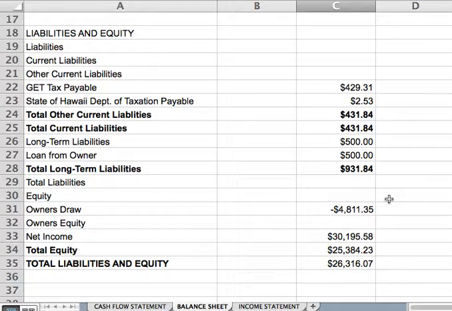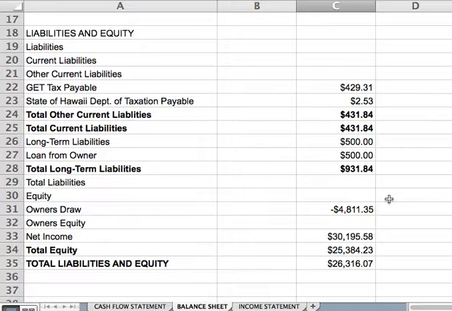Step 4. Compute the net increase or decrease in cash during the year. Step 5. Prepare a separate schedule reporting any non-cash investing and financing activities.